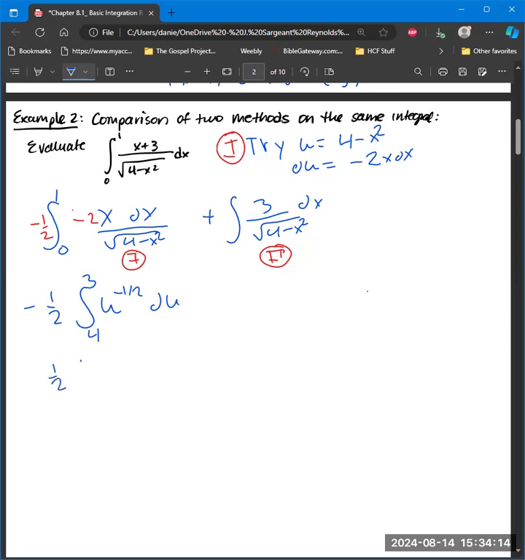It's going to be 1/2 of the integral from 3 to 4 of u to the negative 1/2 du. It's going to be 1/2, then u to the 1/2 divided by 1/2 is going to be times 2, from 3 to 4. That's going to be 4 to the 1/2 minus 3 to the 1/2, which is 2 minus root 3.